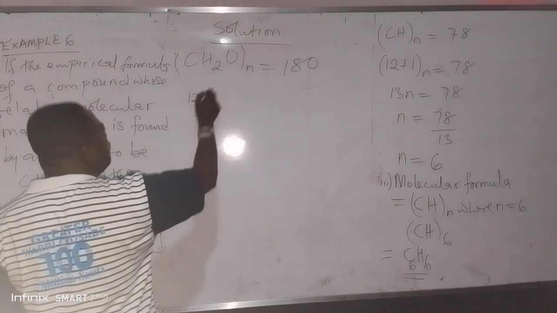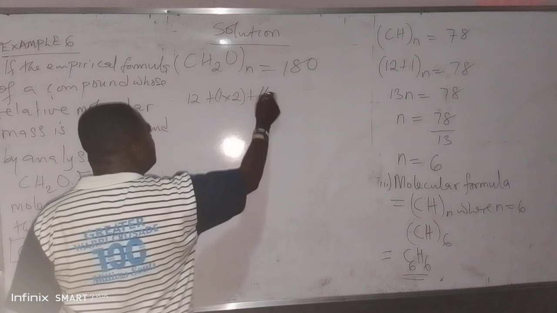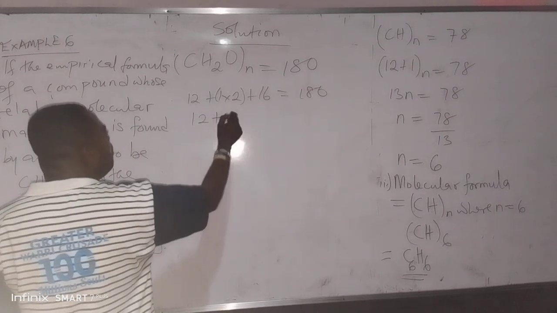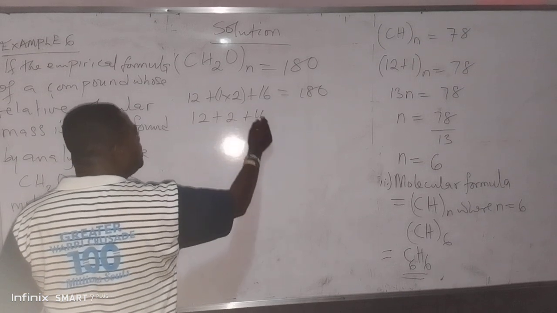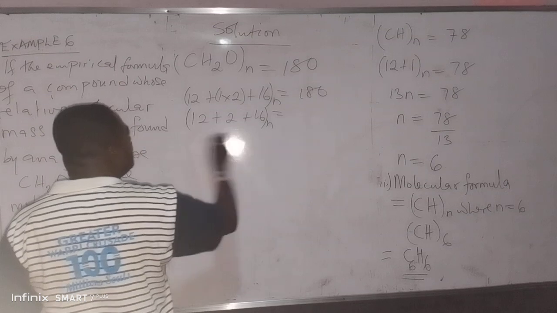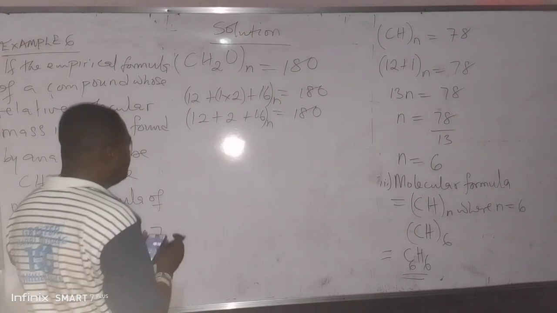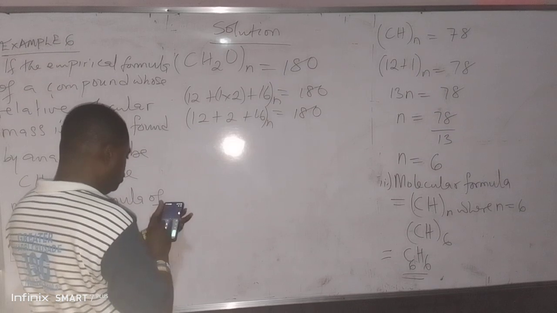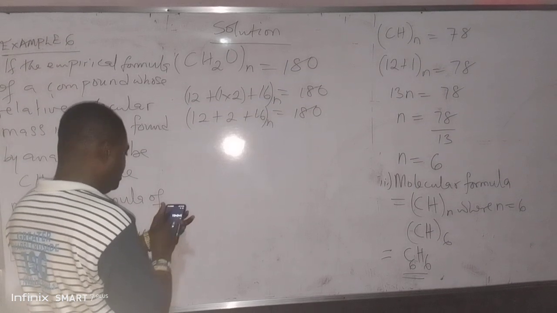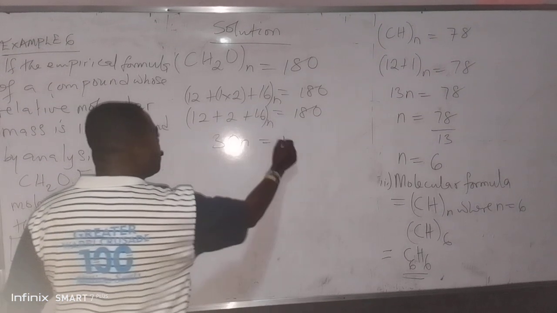Carbon is 12, plus hydrogen is 1 times 2, plus oxygen is 16, all times n equals 180. Let's add everything together: 12 plus 2 plus 16, the answer is 30. We have 30n equals 180.